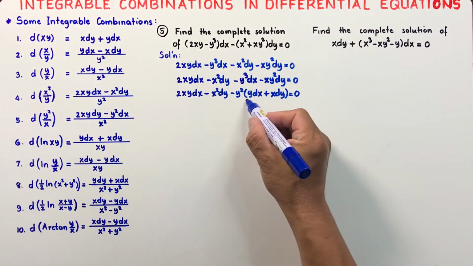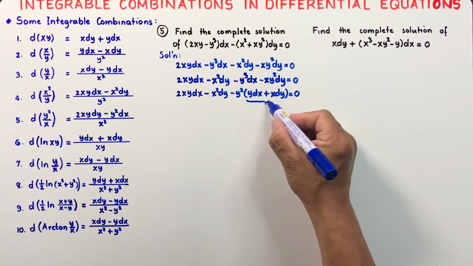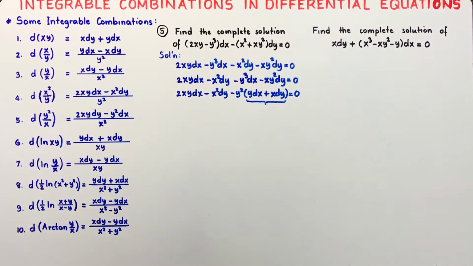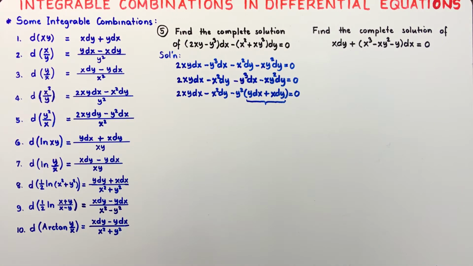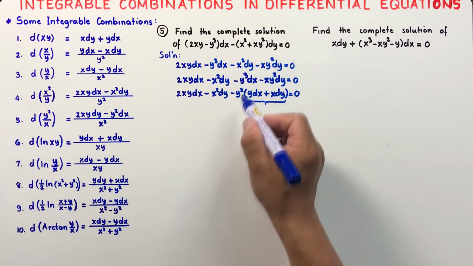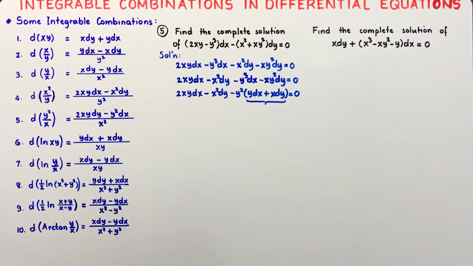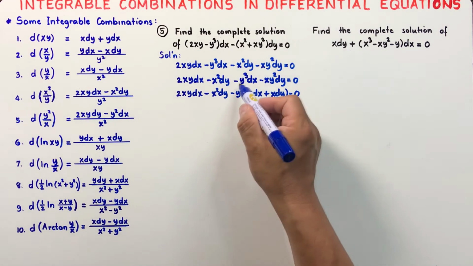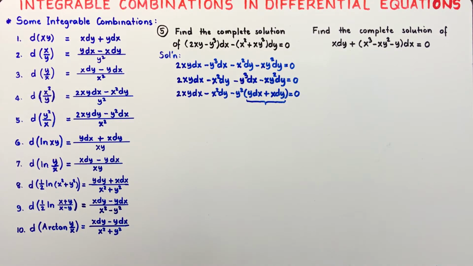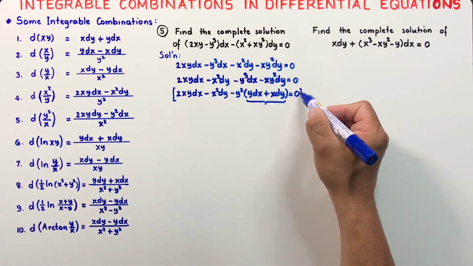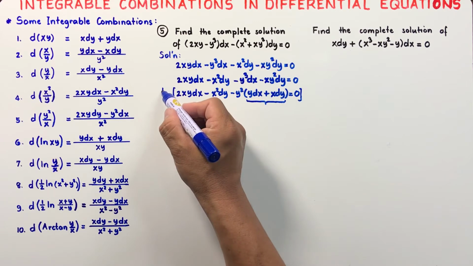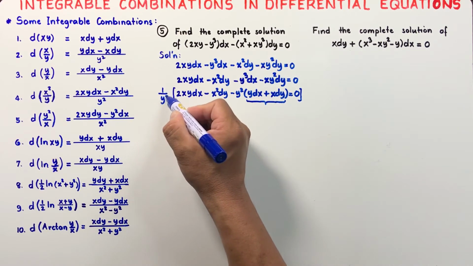And we notice that this one is already an integrable combination which can be found in our list here as number 1. But the problem here is we have a factor of y squared. So to eliminate this factor of y squared, we need to multiply both sides of the equation by 1 over y squared.